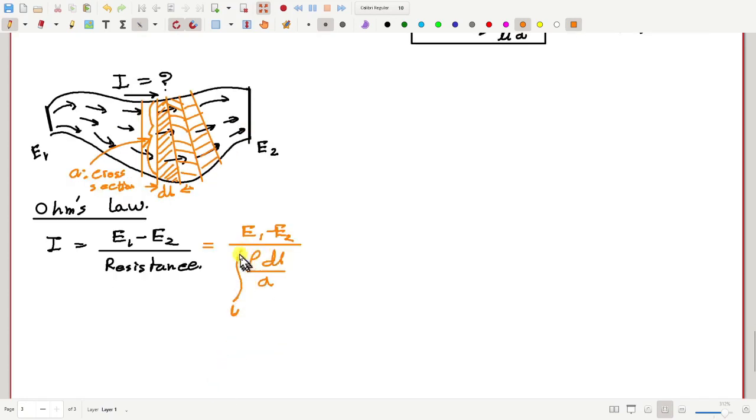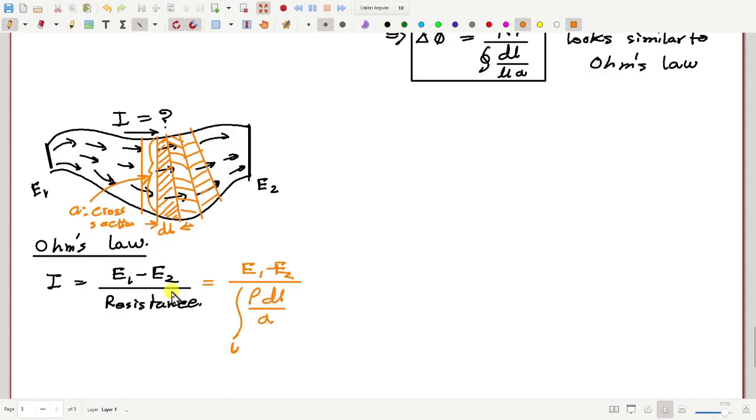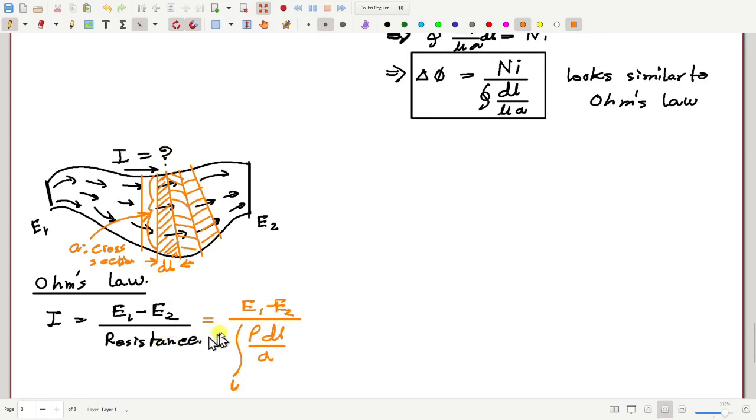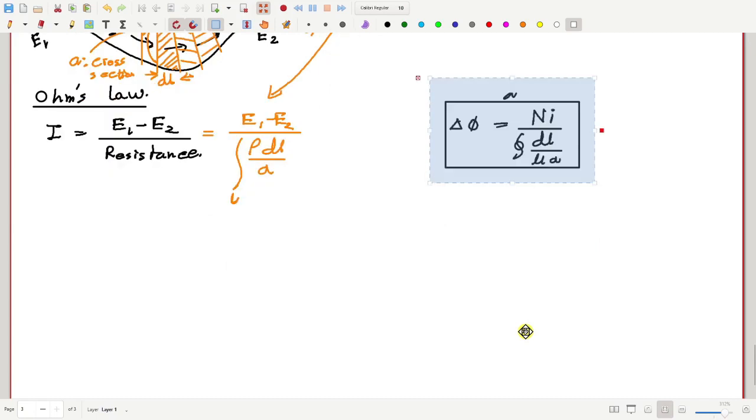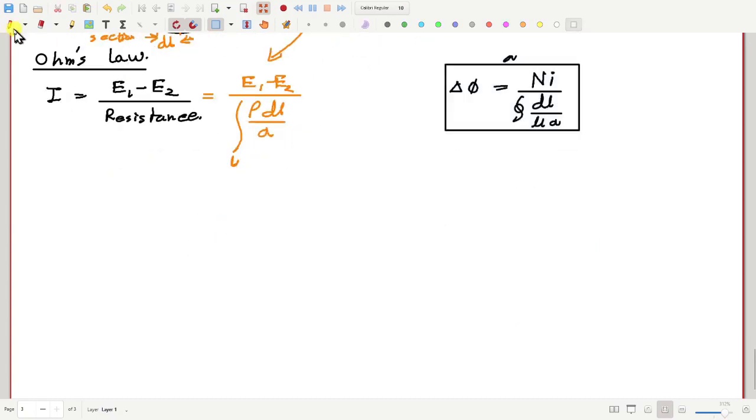And the denominator, integration over L of rho dl by A, is the resistance. Now you see that this equation and this equation look similar. Let me make one more copy and compare these two equations side by side.